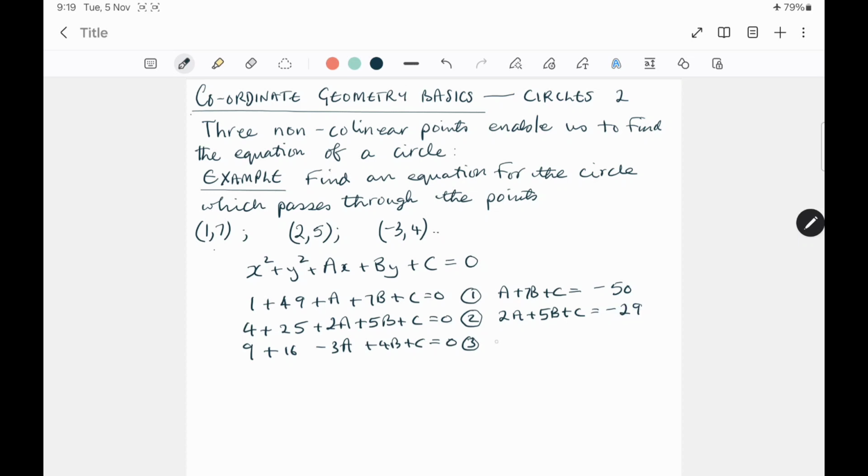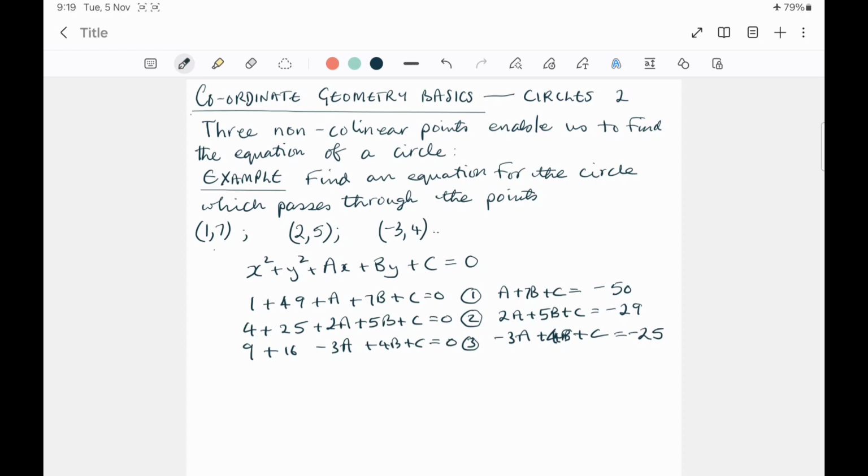And the last one will be minus 3a plus 4b plus c equals minus 25. So the problem now is to solve those three simultaneous equations to find out what a, b, and c are.